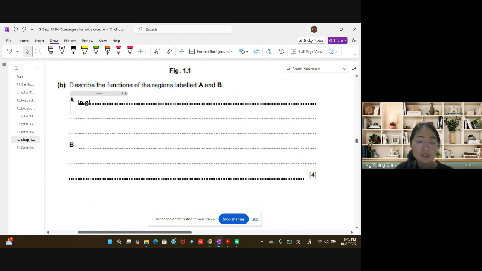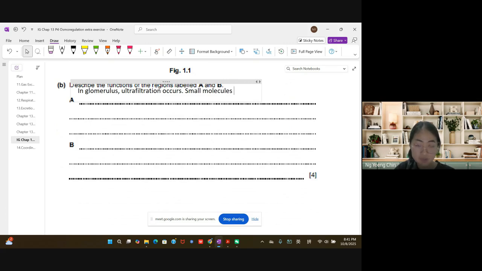In the glomerulus, ultrafiltration occurs. Small molecules with small particle size enter into the glomerulus, which is a capillary, and get into the Bowman capsule.